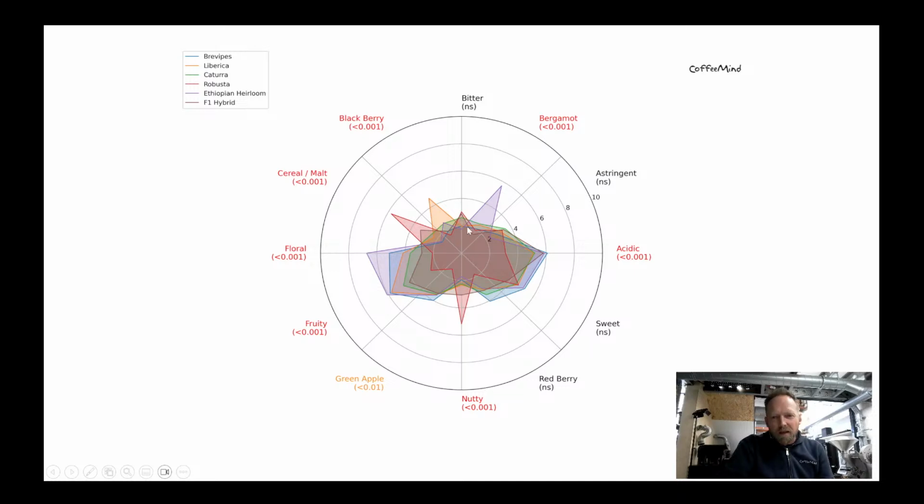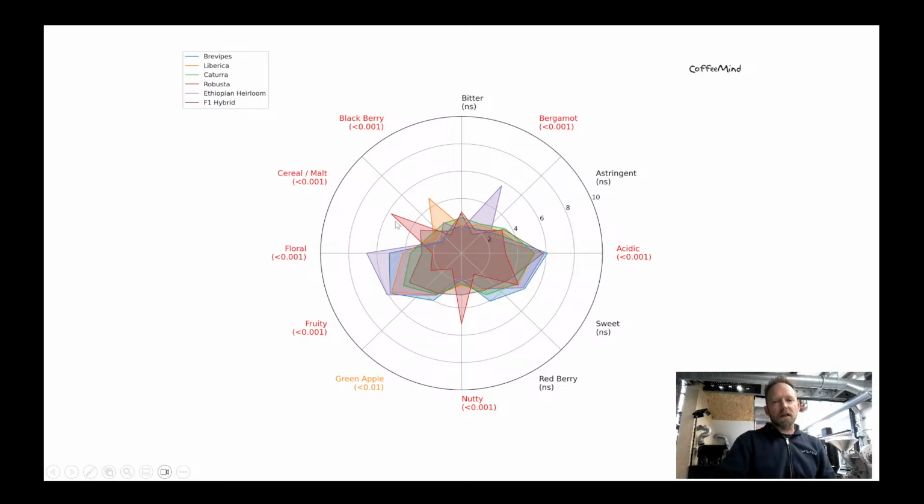You can see there are some differences, but the differences are not big enough to convince the statistics that it's not just noise. So in an ANOVA analysis you need a p-value lower than 5%, or lower than 0.05. You need to have shifted the mean of a descriptor beyond the noise that you see in the data set.